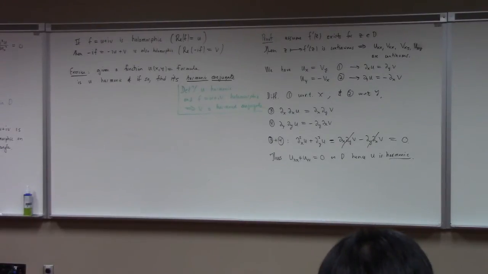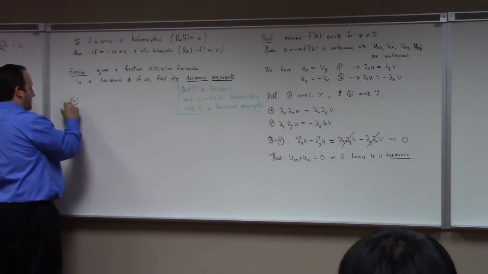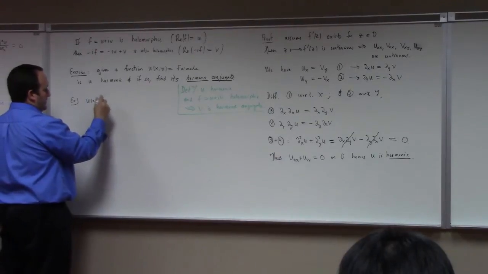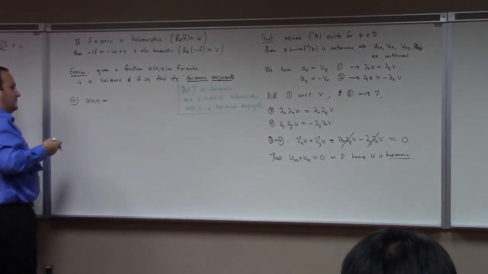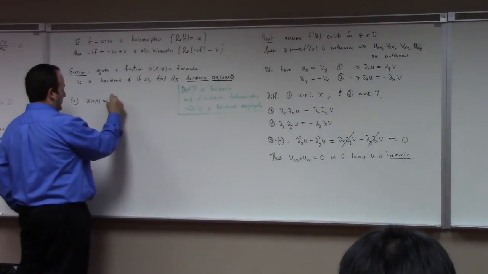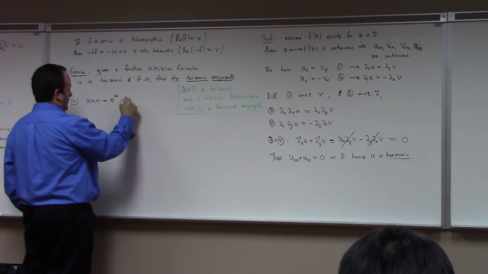Okay, so let me make up an example that won't take us too long. Let's see here. How about u of x comma y equal to, goodness gracious, I don't know, e to the 2x cosine of 2y.